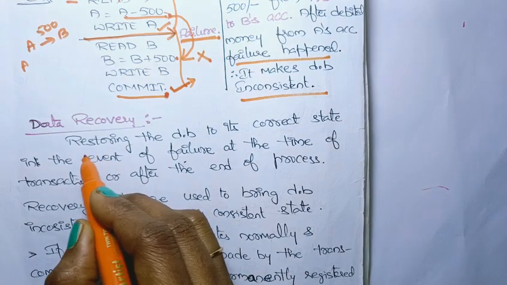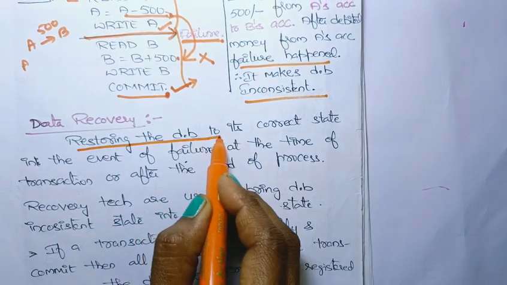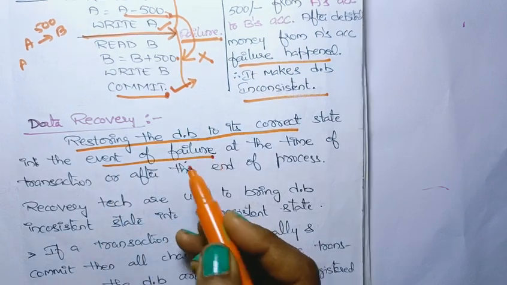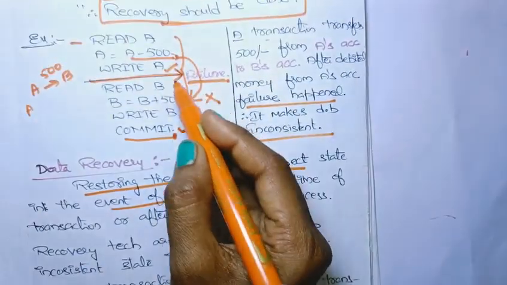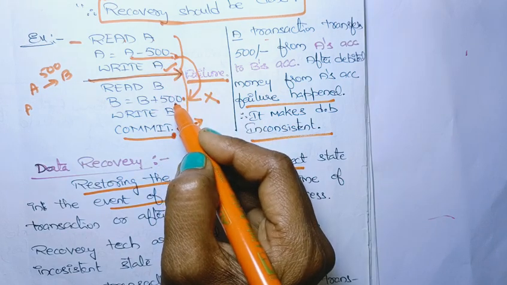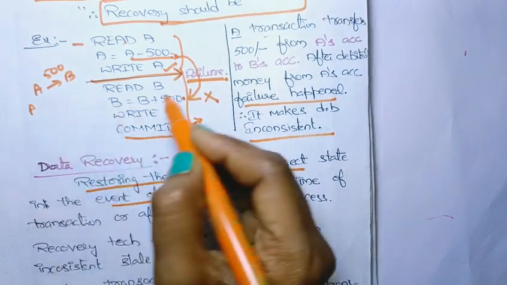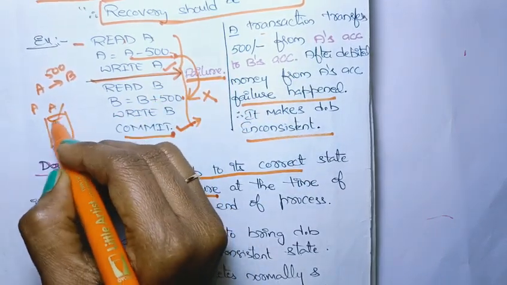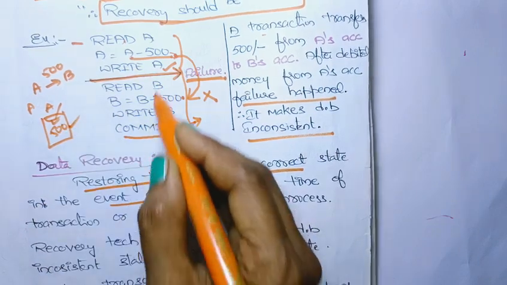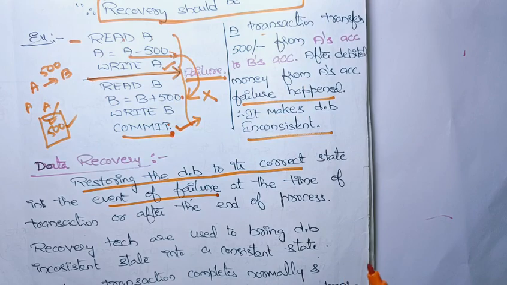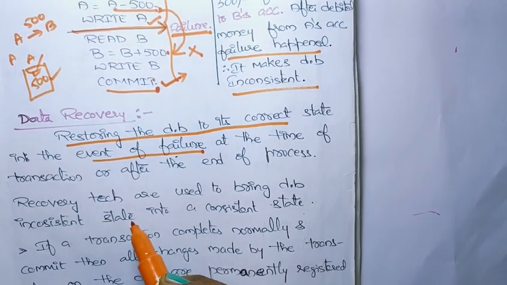So restoring the database to its correct state should be done after the failure has occurred, which is nothing but: from A's account 500 is debited but it is not credited into B, so that 500 rupees should be credited again. Even though failure occurs, the database should be in the correct state. That is nothing but recovery.